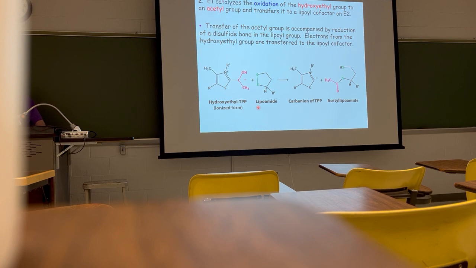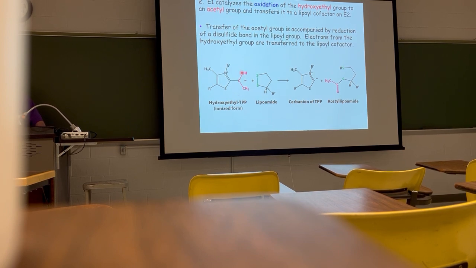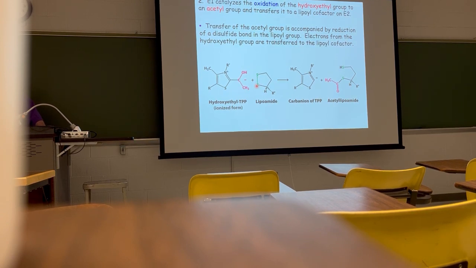So that's involved in the second reaction. So this hydroxyethyl group here is transferred to the lipoamide in enzyme 2. And so there's a reduction of the disulfide bond and transfer of this carbon onto the sulfur. So this is now a thiol ester because we have a carboxylic acid here.